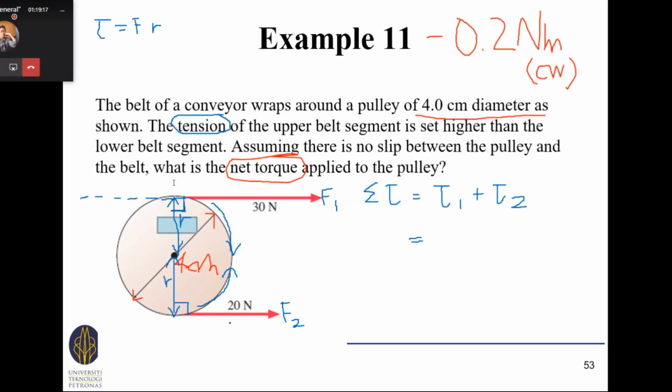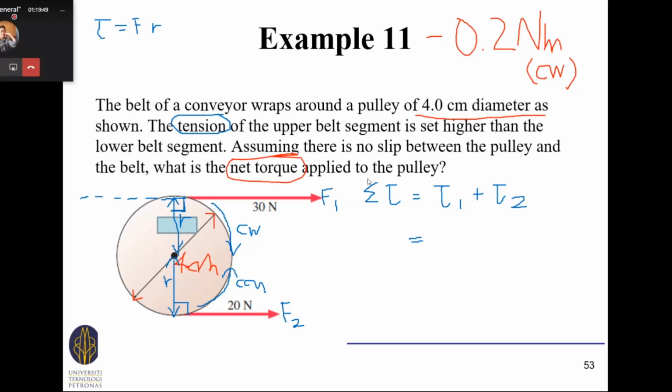Torque from F2 will give counterclockwise direction. Again, how do you know it is clockwise and counterclockwise? From the force here, refer to the axis of rotation. This is where the force is being exerted. This is where the axis of rotation is put. So from force to the axis of rotation, it is clockwise direction. So this is CW. And then from F2 towards the axis of rotation, this is CCW.